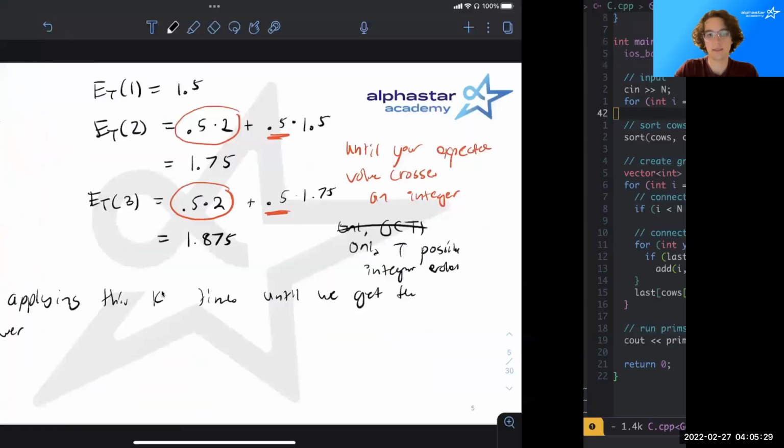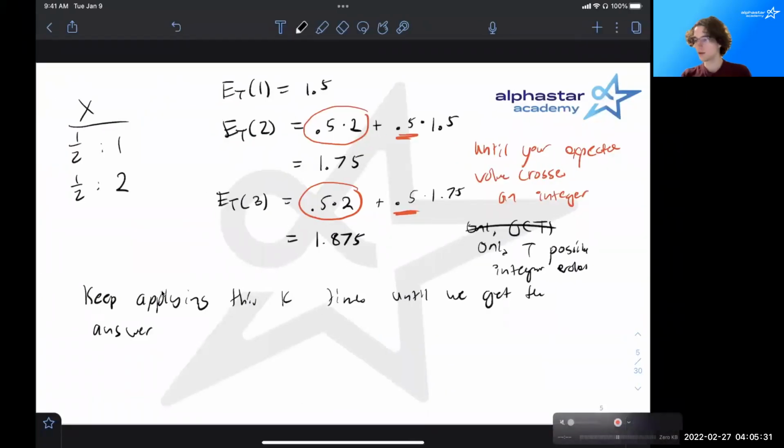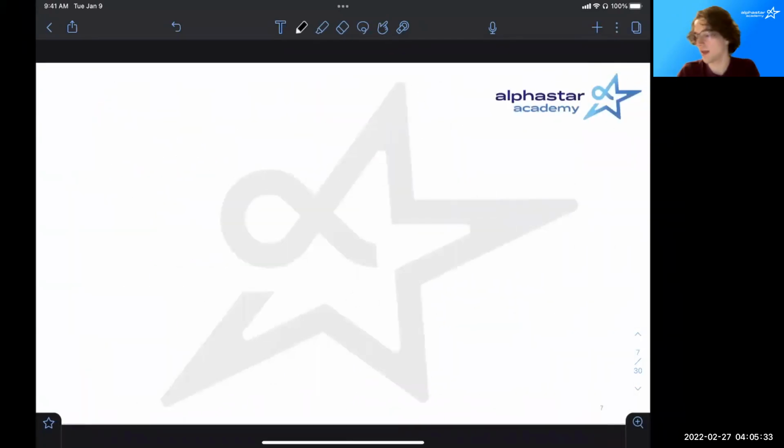So in this case, okay, let's see, is there a way for us to apply this? Let's look at this formula abstractly.